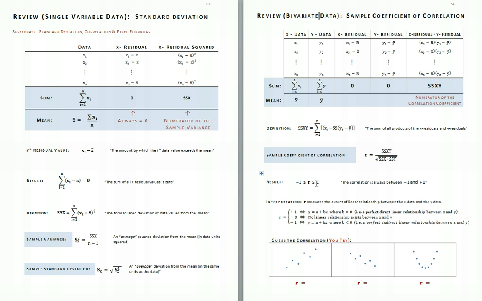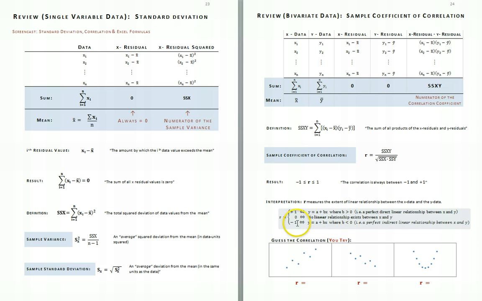Interpreting the correlation coefficient: a correlation coefficient of exactly 1 says the X and Y data are related linearly, with the slope of that relationship being positive.